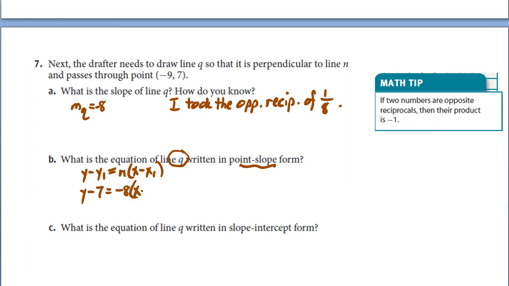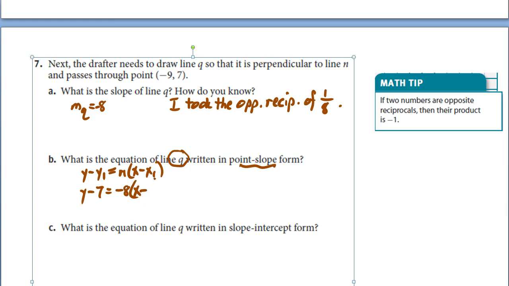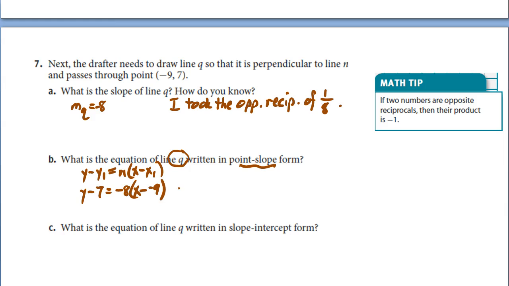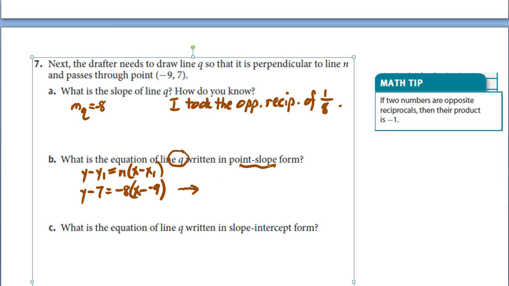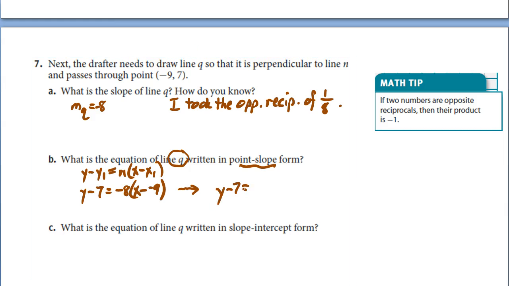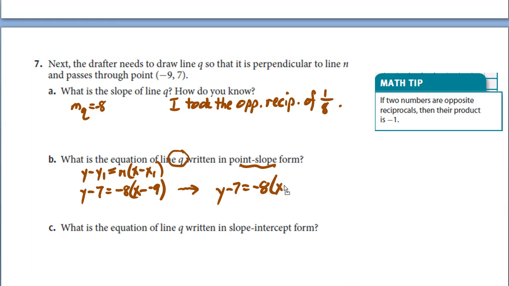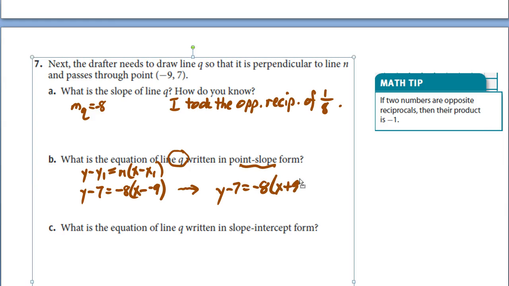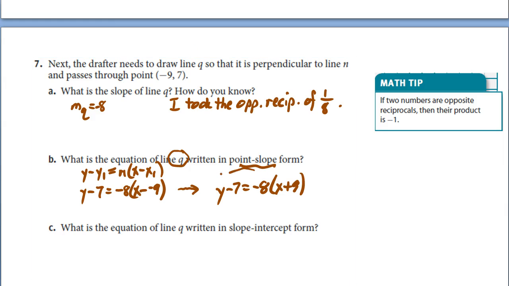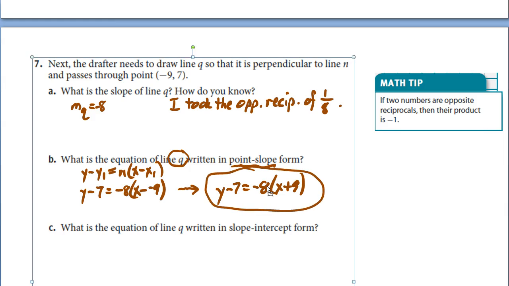And then x minus x1 is the x-coordinate of the point on line Q, negative 9. Once again, even though this is point-slope form, which is what it asks for, I might do one step of simplifying, which is to fix that double negative sign in these parentheses here. There's my equation for line Q, and it's in point-slope form.